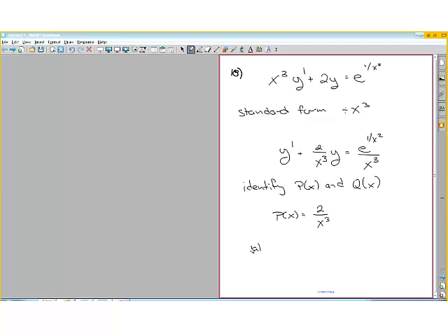So then we calculate the integrating factor. And we can do this because, again, this has to be a first order linear equation.